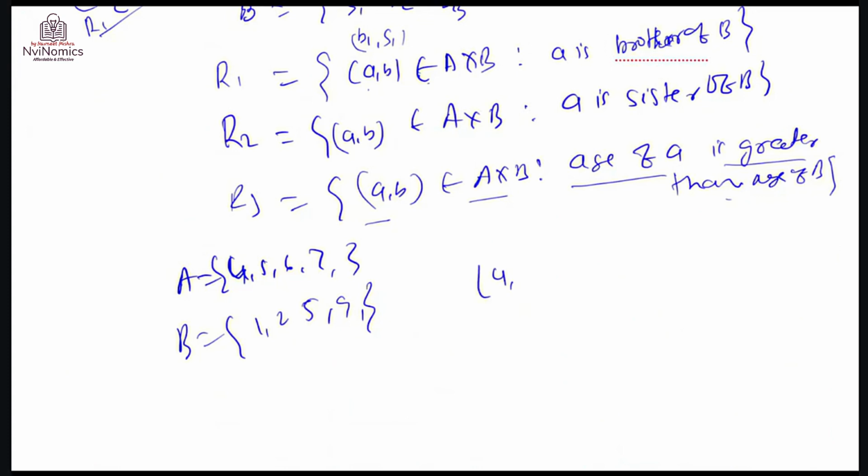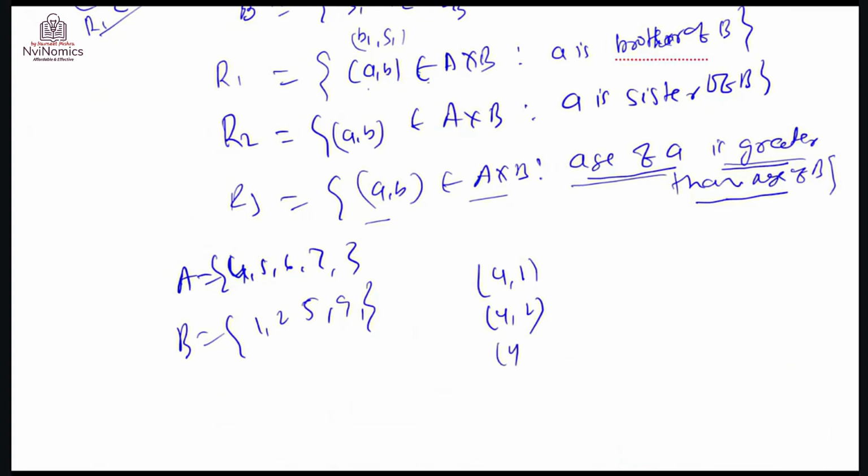Suppose I'll consider 4. So what is the condition here? Age of A is greater than age of B. Now look, age of A is greater than age of B, so here with 4 what can come? 1 can come, and 2 can come, because 2's age is smaller than A's, it is greater, right? If I consider 4 here, I cannot write 5, because age of B is 5 and age of A is 4, which is not greater, that's why we cannot take.